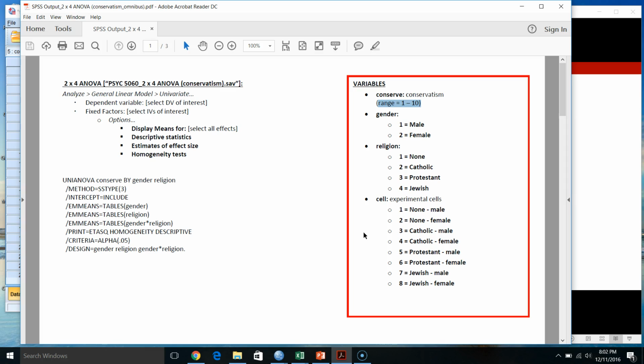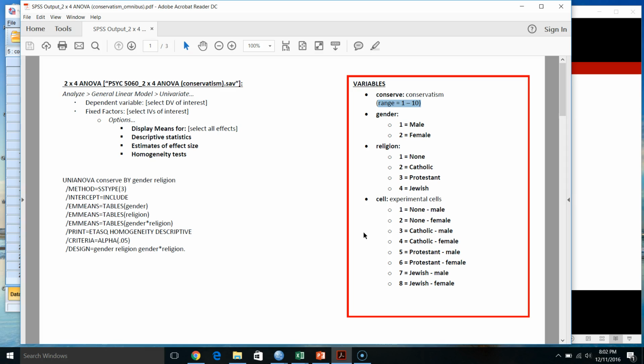Okay, so screening is looking all right now. The general idea with this 2x4 ANOVA is we're interested in the unique and interactive effects of gender and religion in terms of their relation with conservatism. Remember, we're going to get 3 effects within this ANOVA model. We're going to get a main effect of gender, right? That's going to ask whether or not, in general, men have higher levels of conservatism than women, or vice versa.